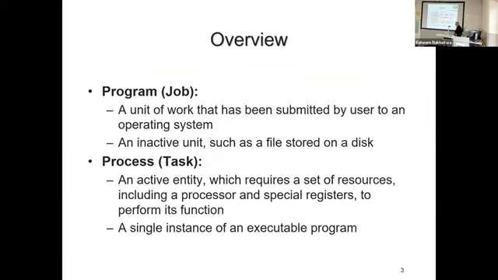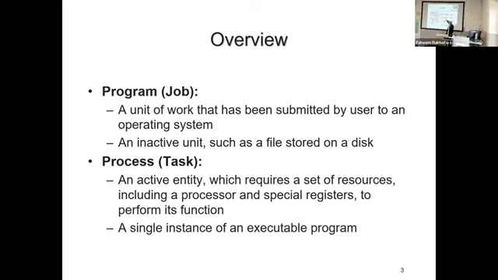So this is where officially we learn the difference between a program and a process. Some books call the program a job and some call the process a task, so these are interchangeable names. But generally, a program is a list of instructions stored and idle, doing nothing, not being executed.